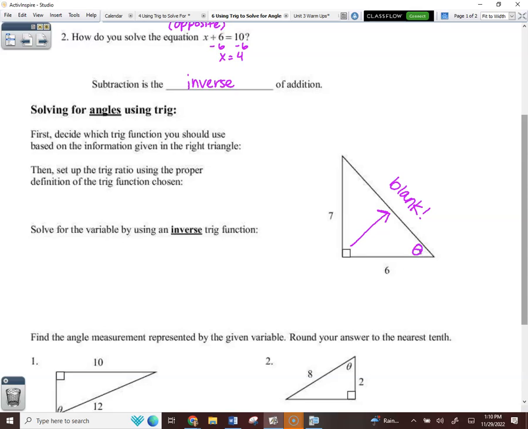Now I want you to label the rest of the sides of the triangle based on this theta right here. So 7 would be opposite, and 6 would be adjacent. We're going to solve for theta right now.